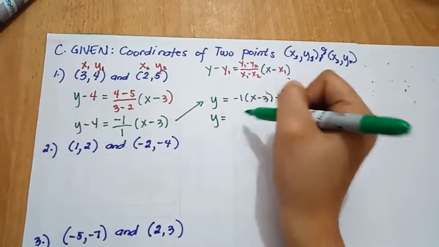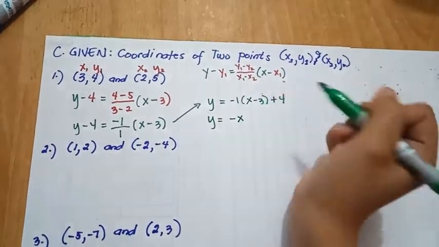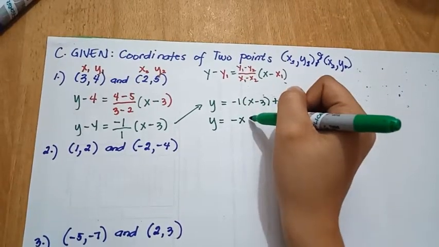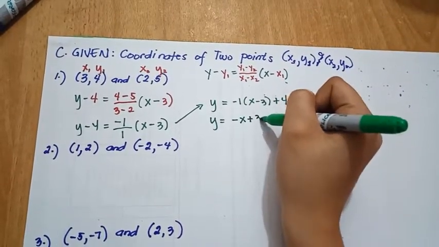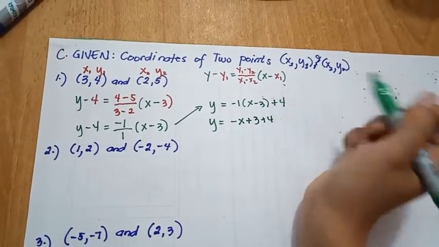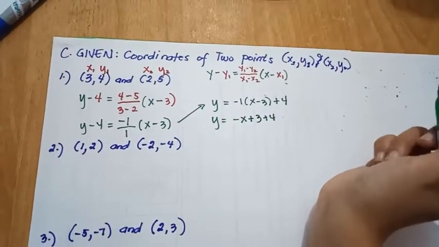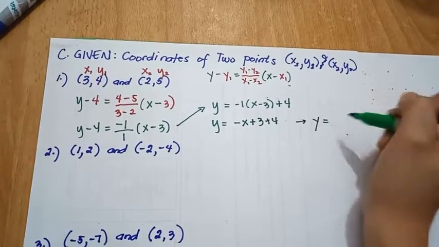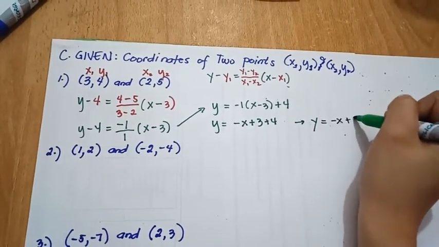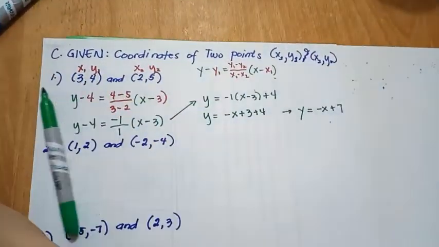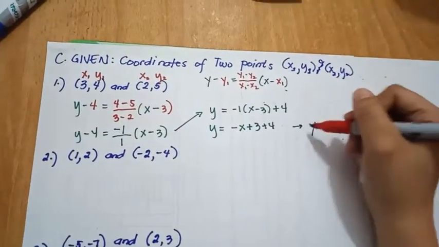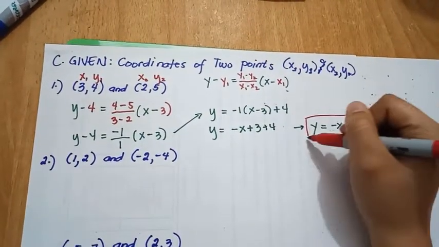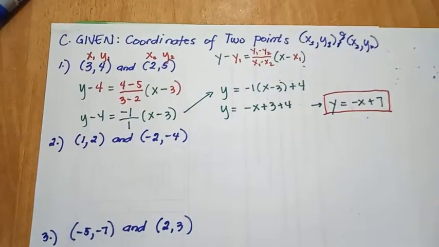So y equals negative 1x. Negative times negative is positive 3, plus 4. Now, adding our similar terms, the final answer will be y equals negative x plus 7. And this will be our equation in slope-intercept form.